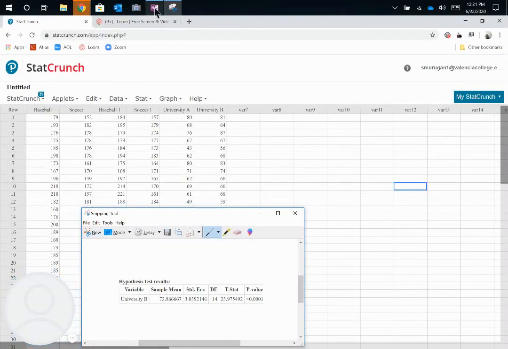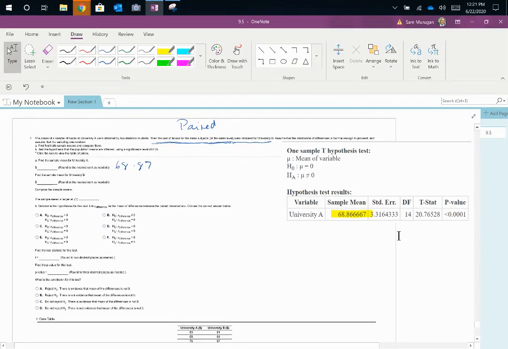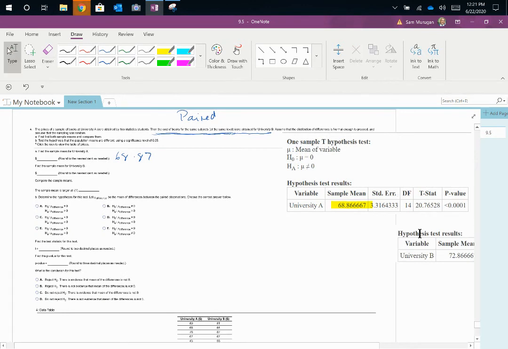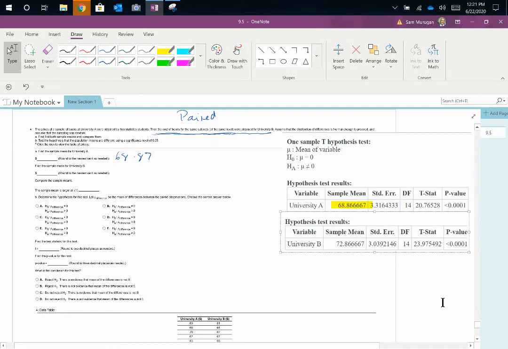So copy that, bring it over here, paste it. All right, so this one is 72.87. So obviously the sample mean at University B is larger.